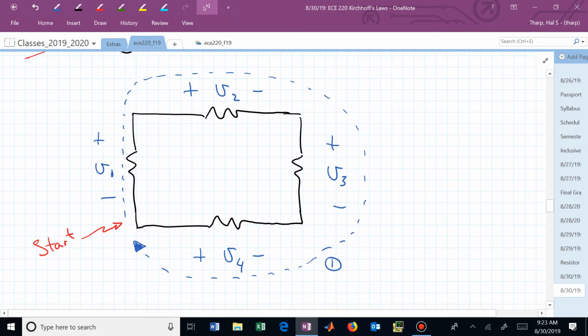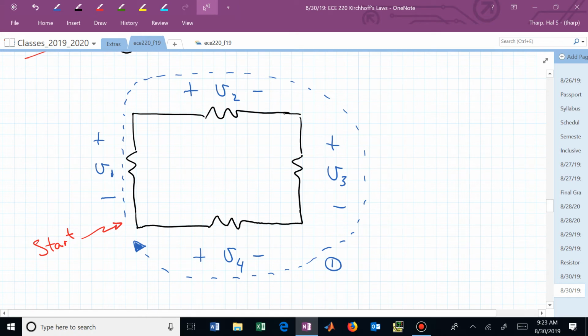And if you wanted to think about it in terms of rises and drops, you might say, let's add the drops. The drops have positive signs. We're dropping. We're coming down the steps with V2. We're coming down the steps with V3. We're going up with V1, so that's a negative drop. And V4 is a negative drop.